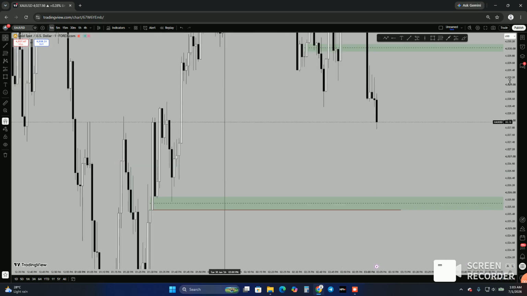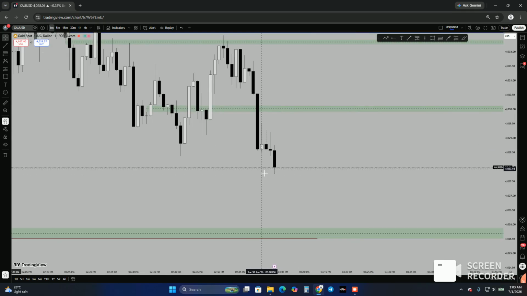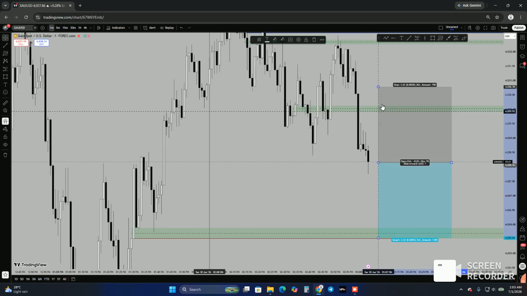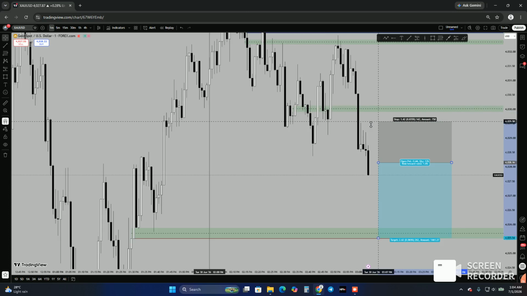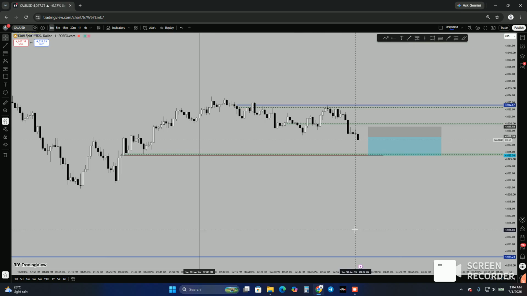And now, 3 p.m. open here. So what we can do, if I want to be short, I don't want to see price go above this, it should take out this or the equal lows.